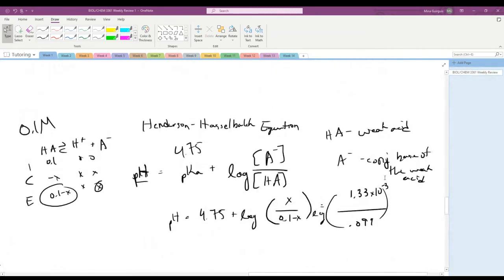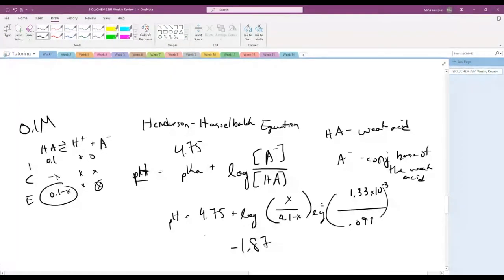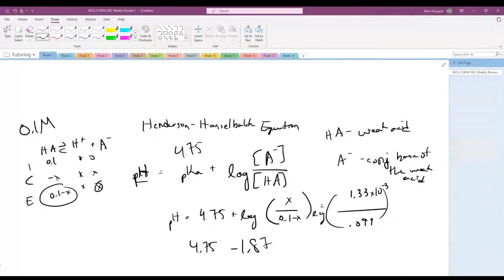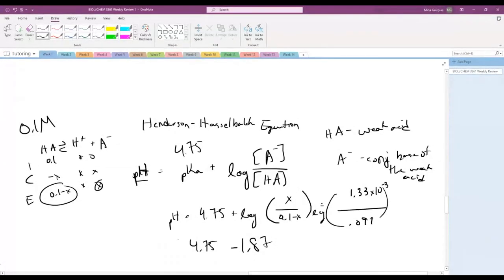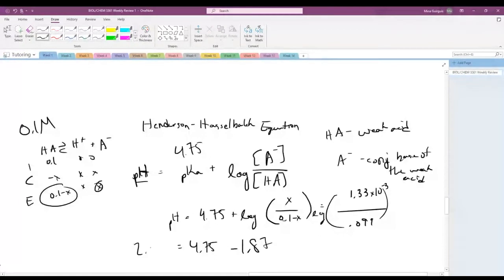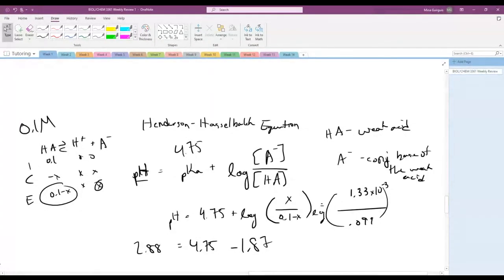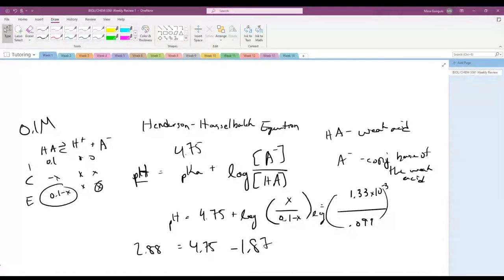Ah, yes, I put in the wrong number. Okay, sorry, I plugged in the number wrong. So this number ends up being negative 1.87. This is 4.75. When we plug it in, we get a pH of 2.88. So this is one way to use the Henderson-Hasselbalch equation, but the next question is where you really get to see it shine.